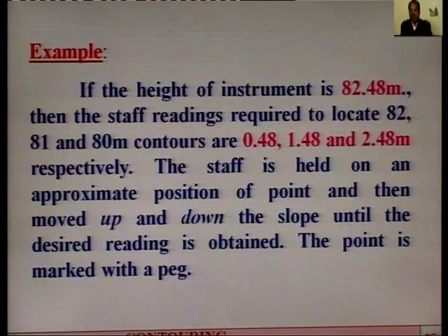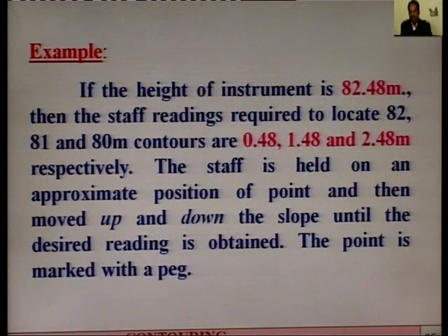The staff is held at an approximate position of the point and then moved up and down the slope until the desired reading, which we have calculated, is obtained. Then the point is marked with a peg.